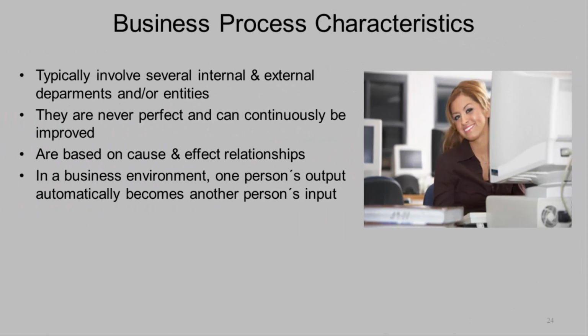Some other characteristics, consistent with some of the things we've mentioned already. They typically involve several internal and external departments and/or entities. Think about a customer order or the purchase of raw materials for a production scenario. You're involving order management, purchasing, logistics, finance, accounting.